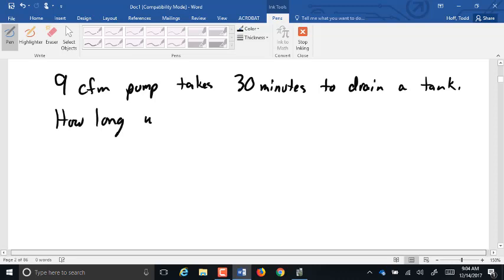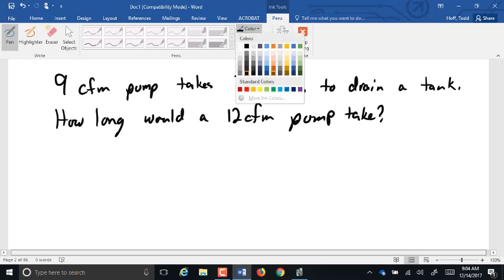How long would a 12 CFM pump take? So a bigger pump, is it going to take more time or less time? Less. So the pump gets bigger, the time gets smaller.